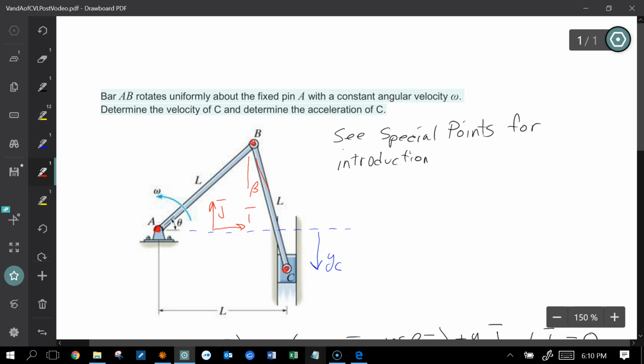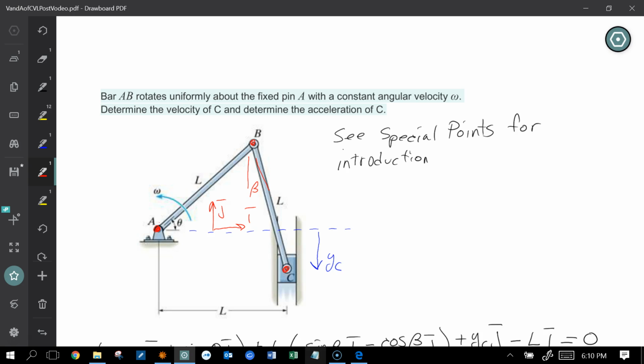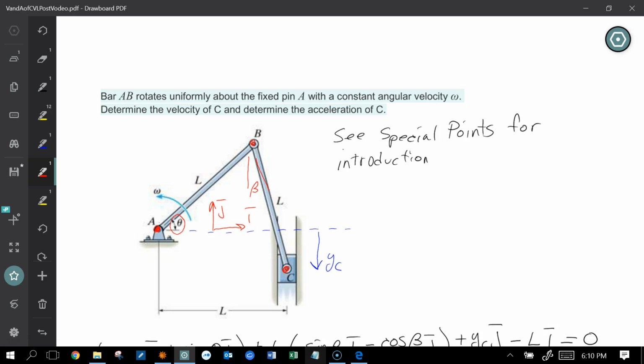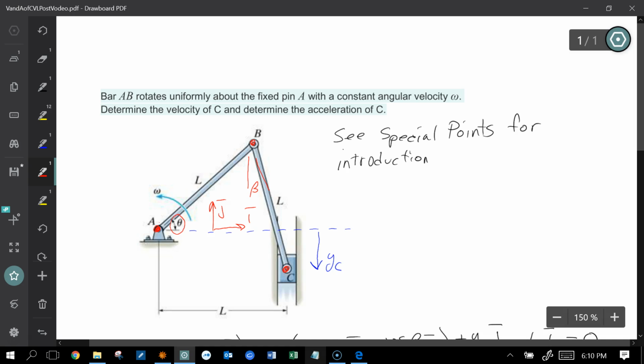It's a stationary picture, but it's rotating, so I have to have an angle that tells me where it is. There's theta. Body BC is also moving and rotating, so I have to have an angle for that body as well.